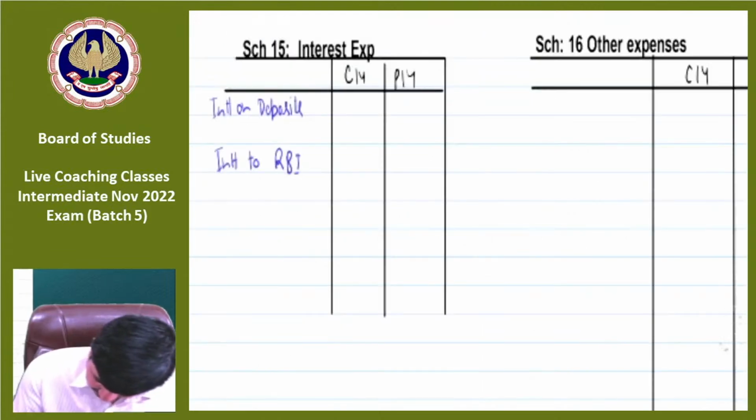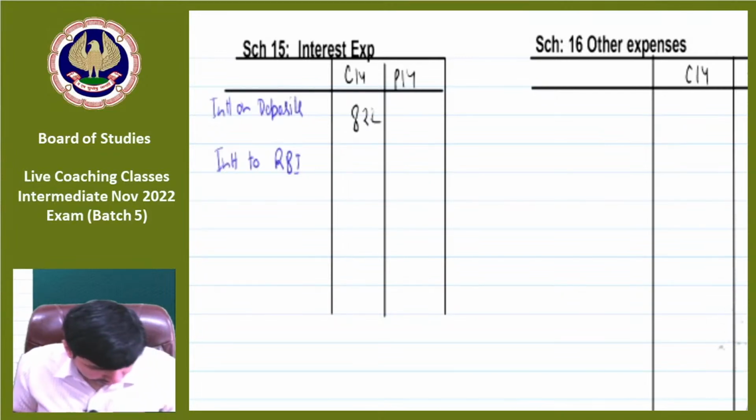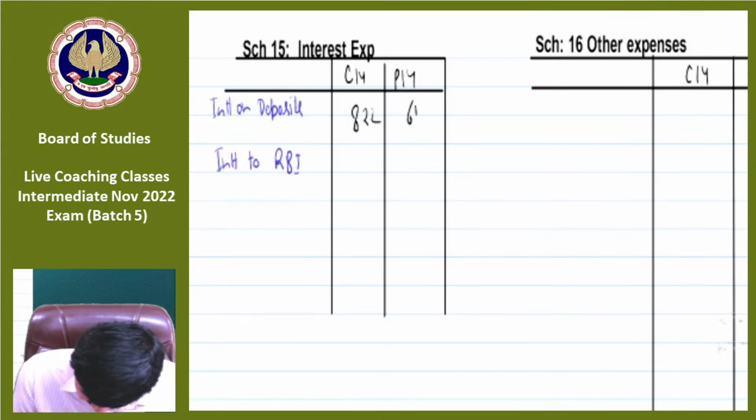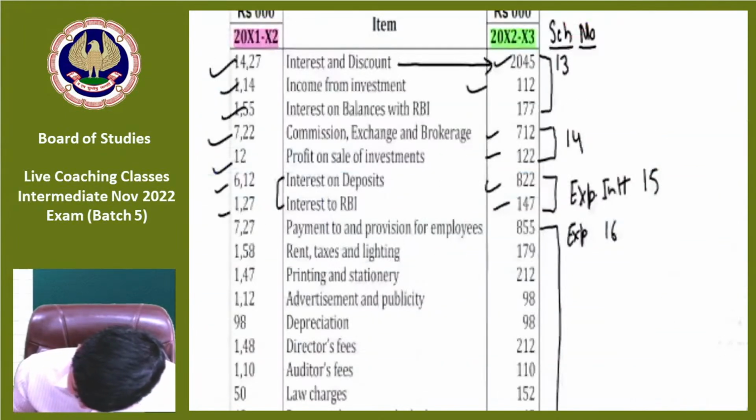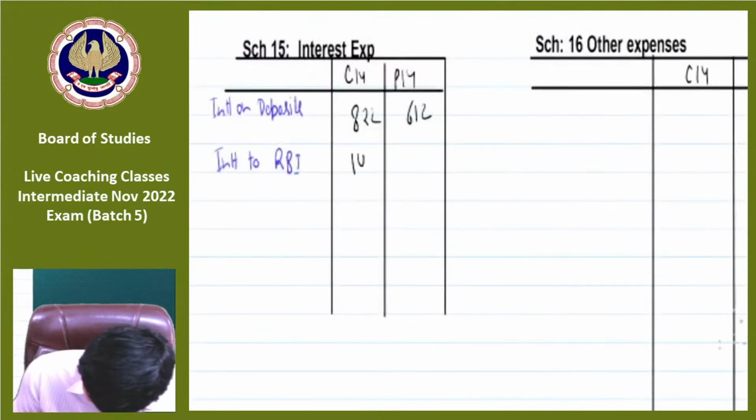822 and 612 correspondingly, and then 147 and 127.